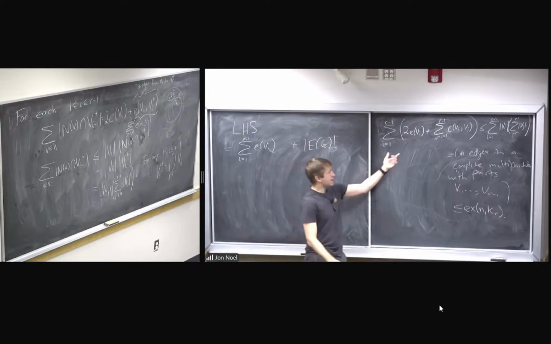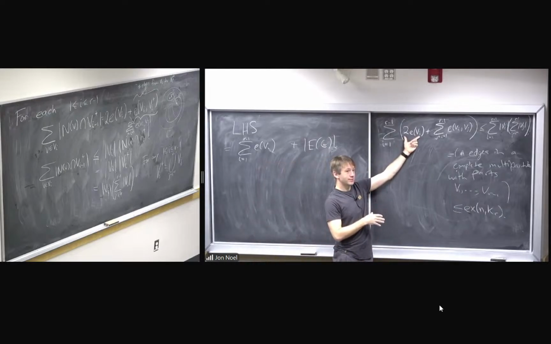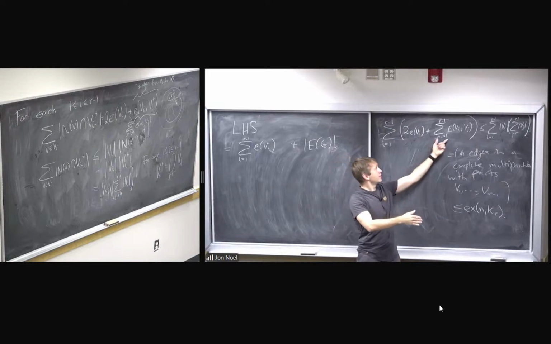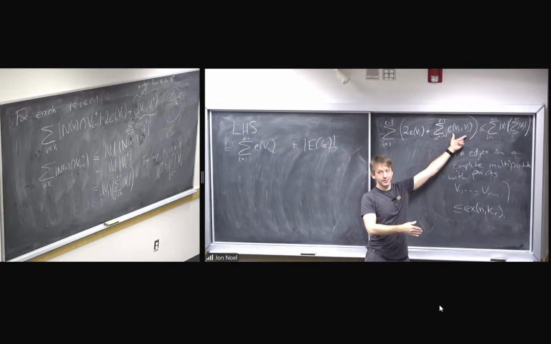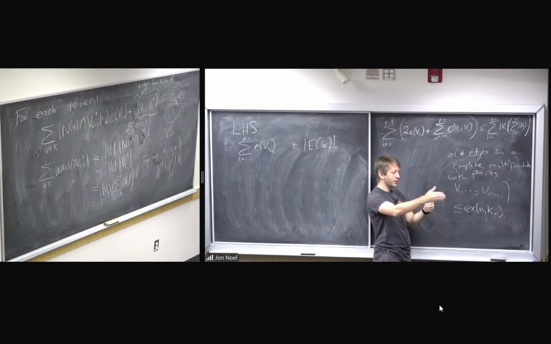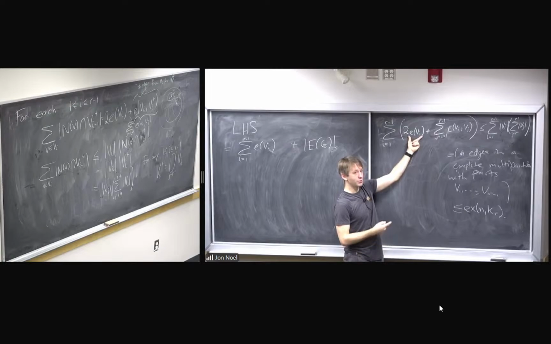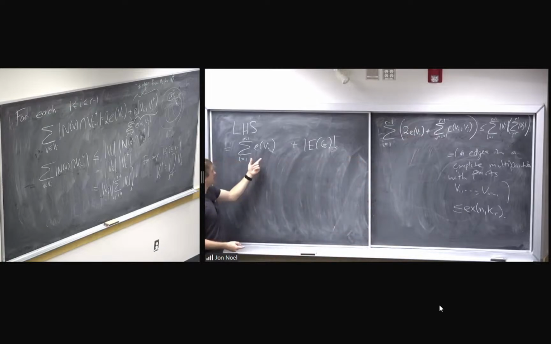The edges inside of some Vi get counted twice because of the 2. Any edge from Vi to Vj, without loss of generality i less than j, gets counted here once. So this counts the edges from V1 to V2, V1 to V3, V2 to V3, and so on, exactly once, and counts the edges inside of Vi twice. So the left-hand side is equal to all the edges except for the ones we've double counted, which I've accounted for here.